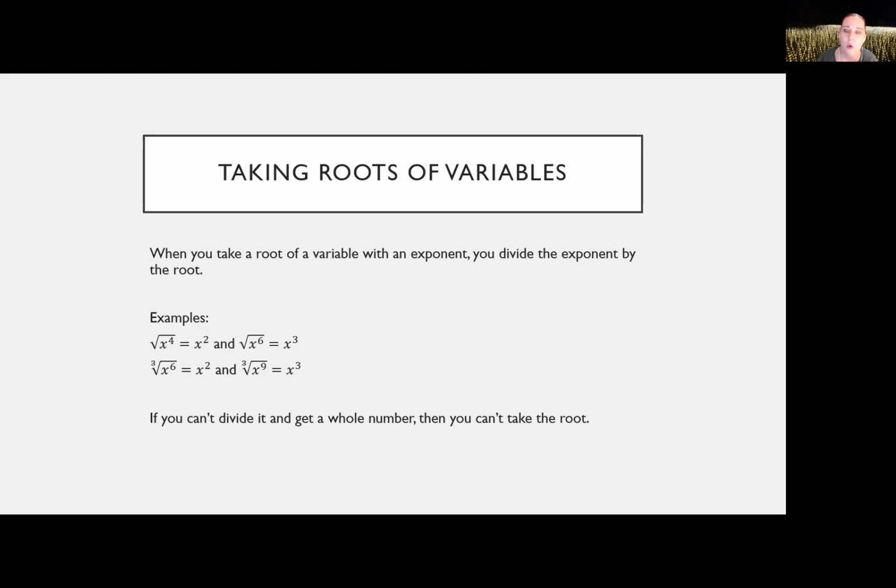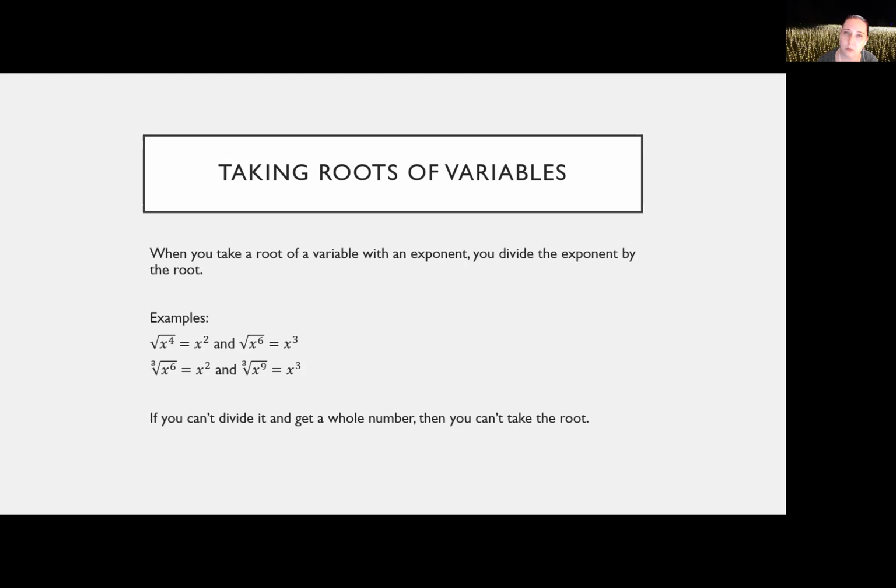So that's how it works with numbers; you can even just put it on your calculator, like the cubed root. When you have variables, essentially the exponent on the variable is getting divided by that index. If you are taking the square root of x to the fourth, the square root is your index, so you're dividing the exponent on the inside by 2. To remove the exponent, the x to the fourth now becomes x squared. If you have x to the sixth inside a square root, you divide that exponent by 2, and now it's an x cubed.